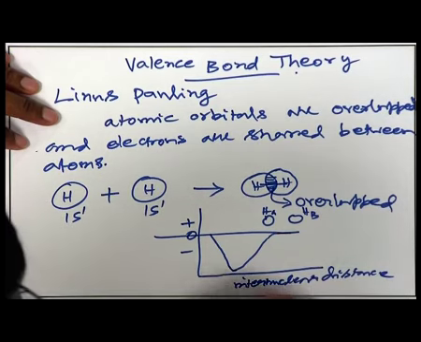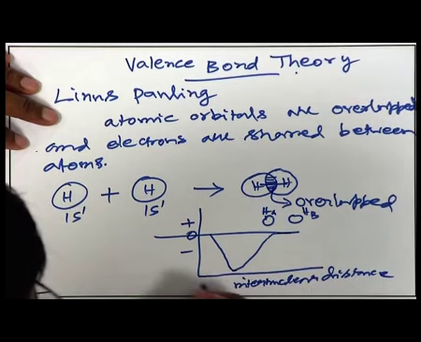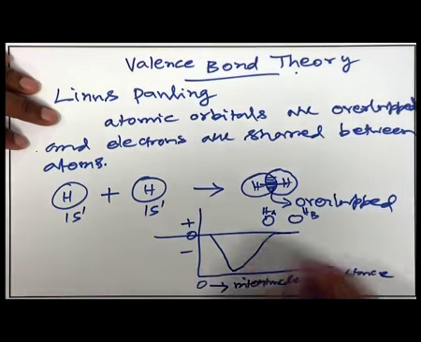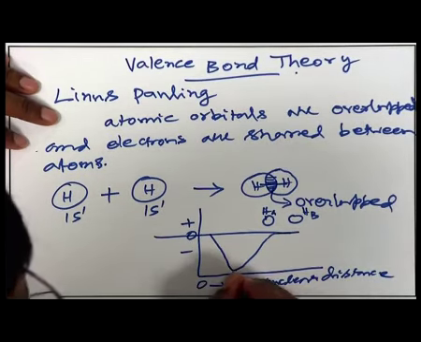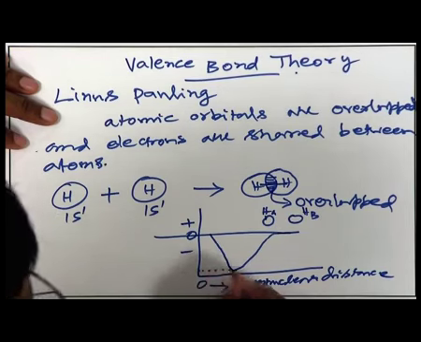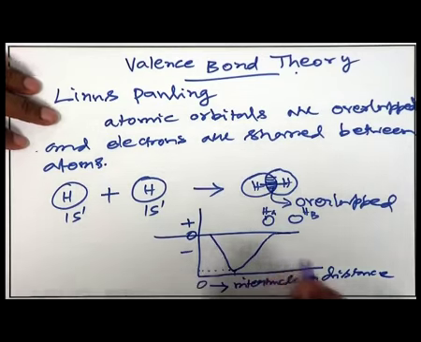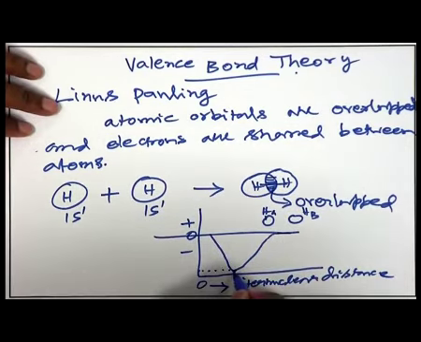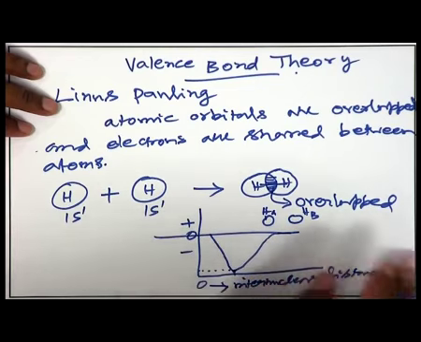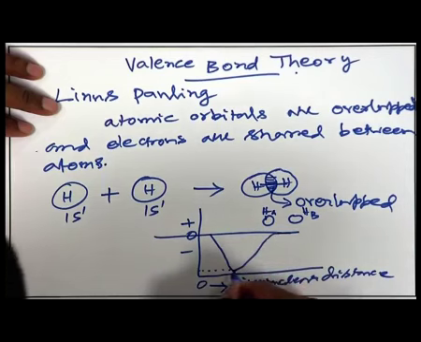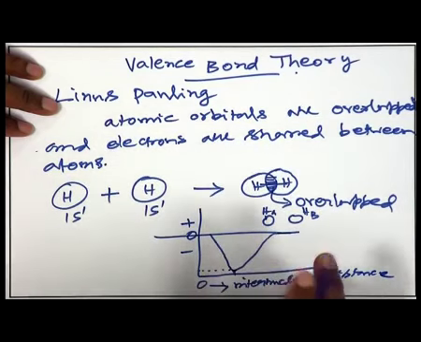From 0 the energy increases to some positive value. It reaches a minimum, which is the energy of the molecule, and this is the distance between the two hydrogen atoms. At this distance a bond is formed and energy is released. How much energy is released? The difference between this level and this level is released.